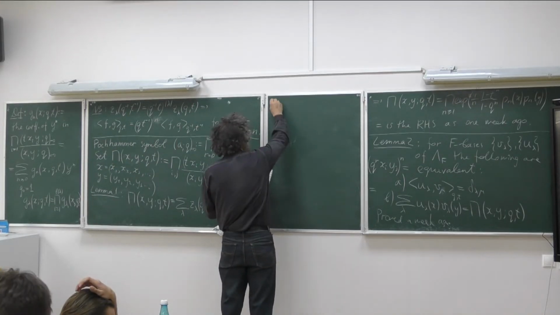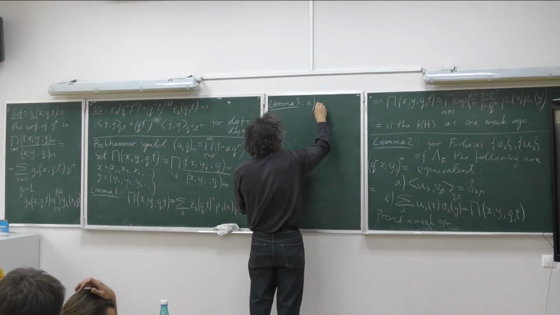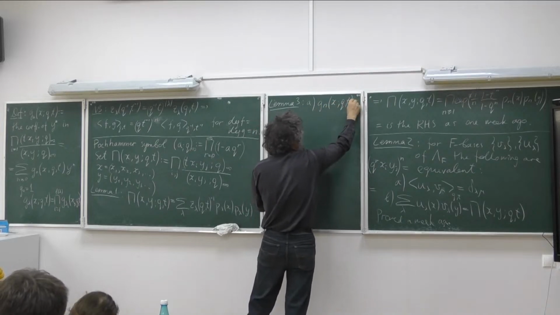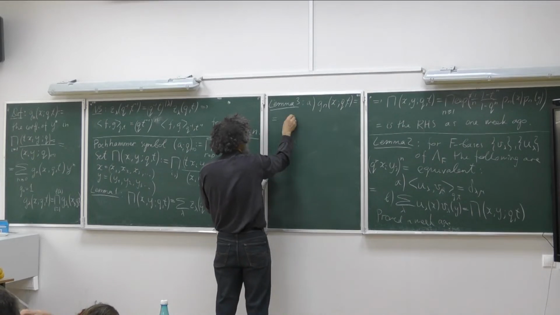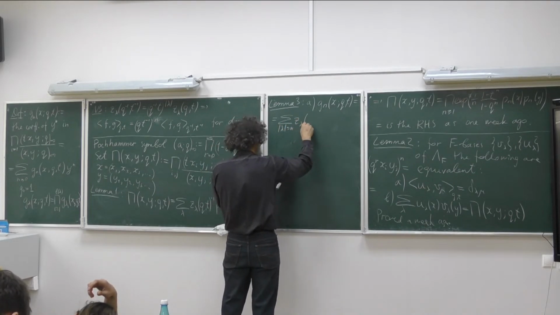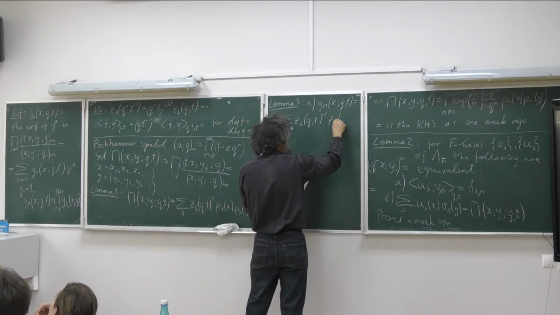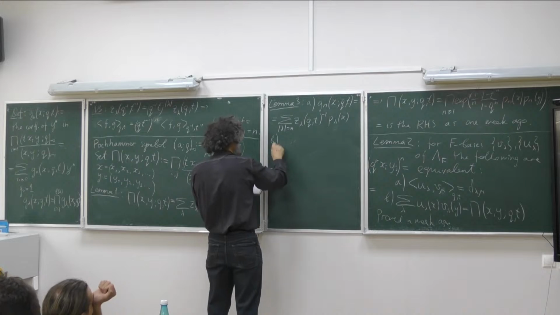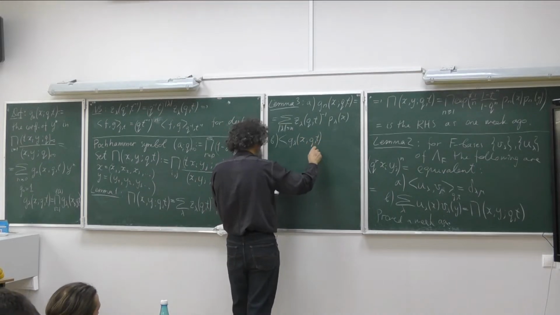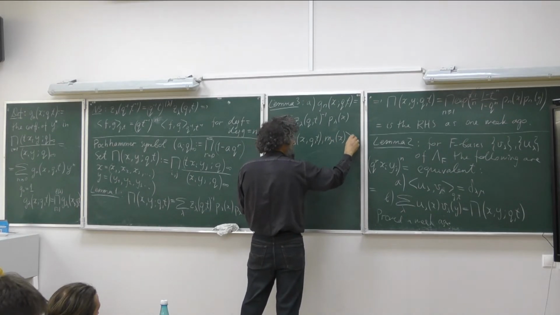And our next lemma 3 says that first, g_n of x, q, t is equal to the sum over all partitions of size n of z lambda of q, t inverse, p lambda of x, and also the scalar product of g lambda of x, q, t and m mu of x is equal to delta lambda mu.